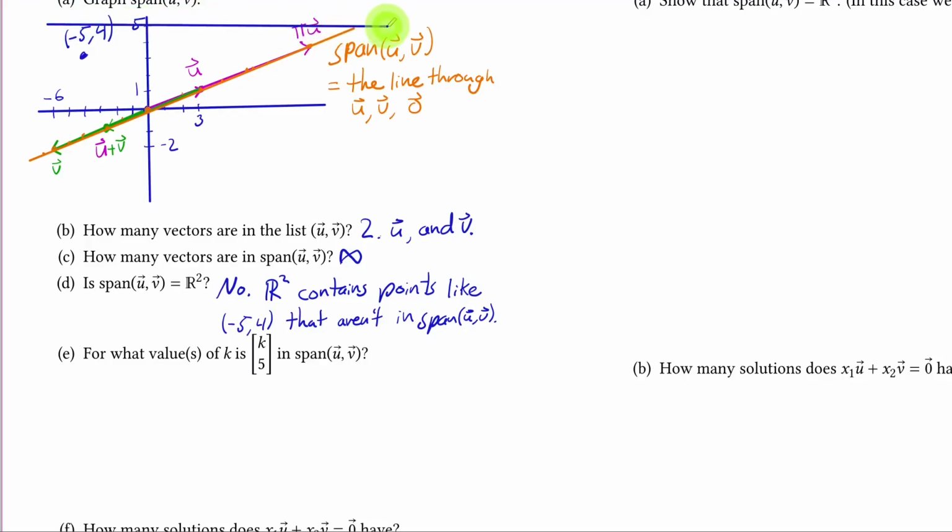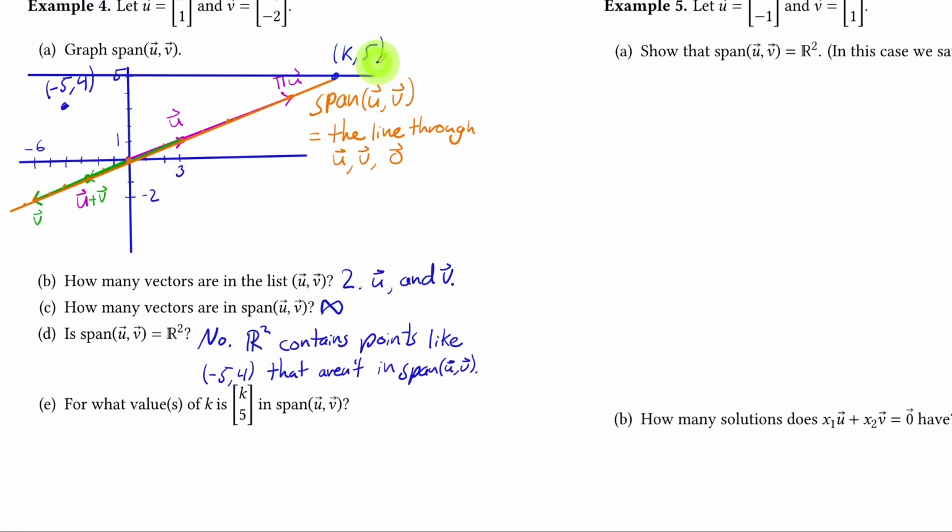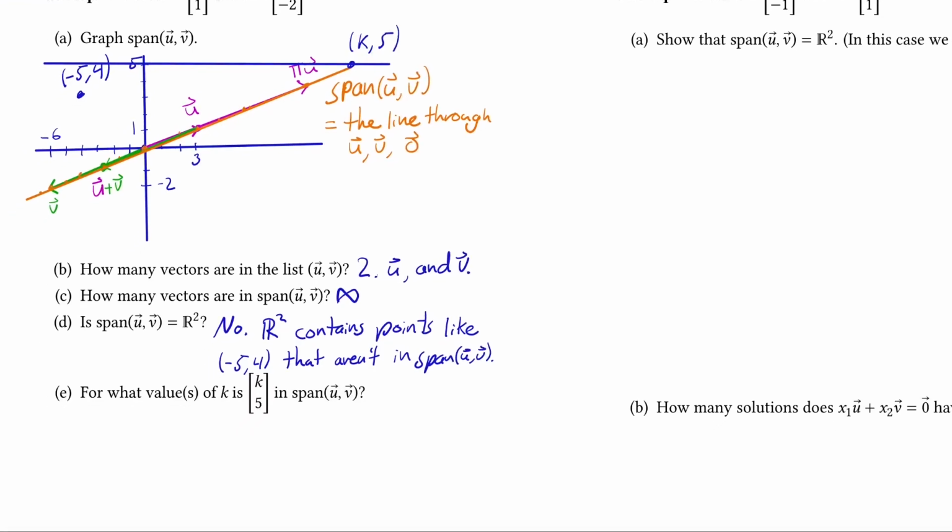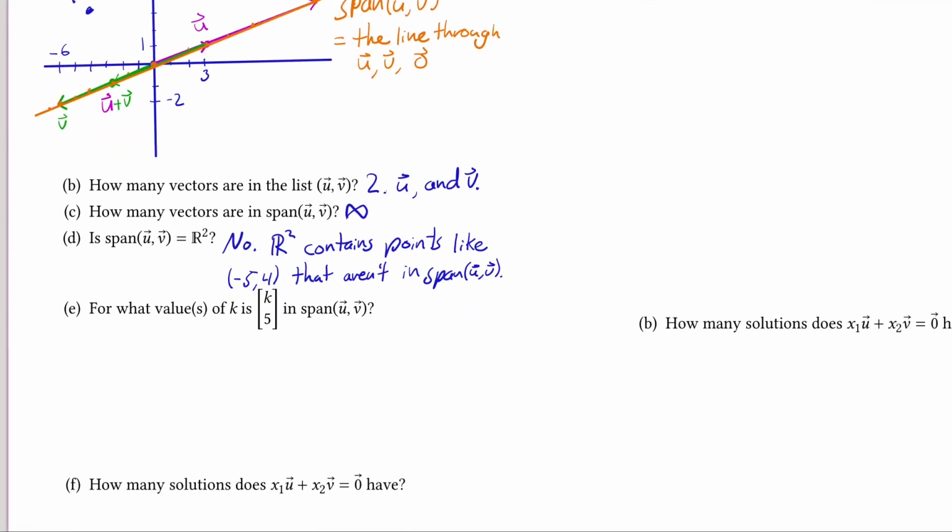So it looks like the span is going to intersect this somewhere out here, but it's hard to tell from the graph where that is. So we're going to have to use some linear algebra to figure this out. So another way to phrase this question is like so.